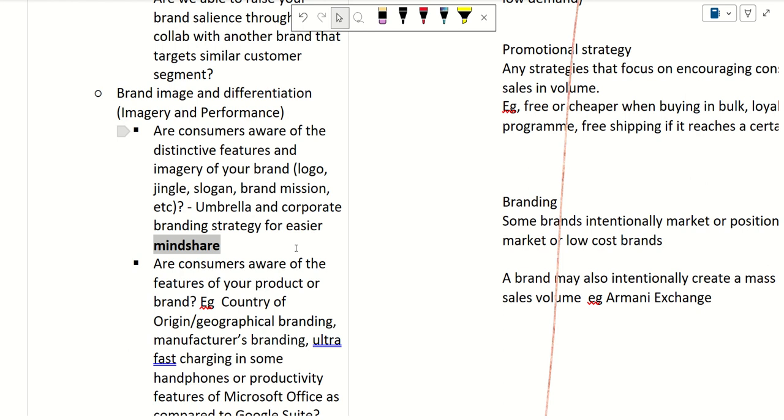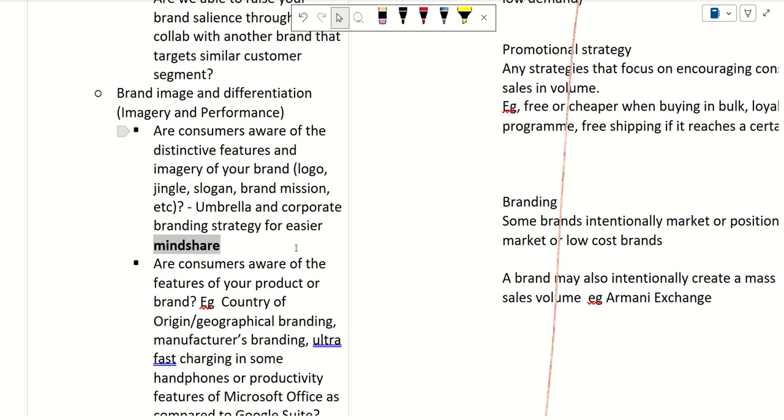How does a business actually gain mindshare? What percentage of the consumer's mind do they have? For example, Coca-Cola. What is the mindshare of Coca-Cola in consumers? When consumers think of a beverage, do they think Coca-Cola? When consumers think of a phone, do they think Apple, Samsung, or even Oppo or Xiaomi?